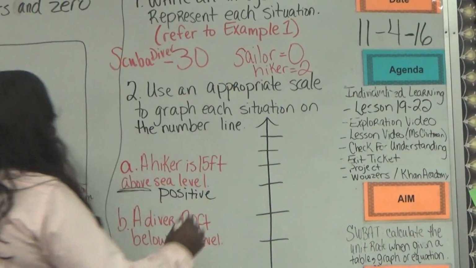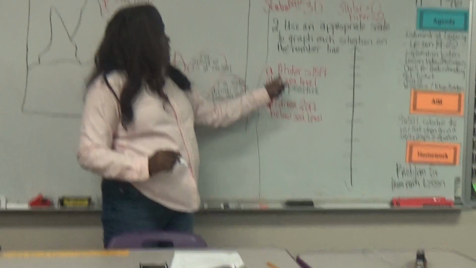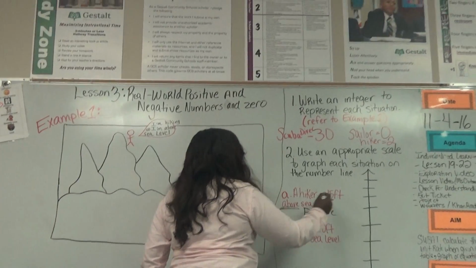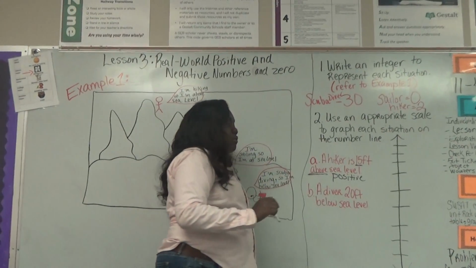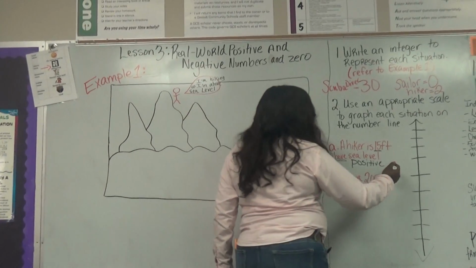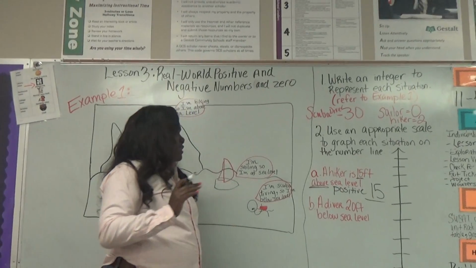And what number goes with that positive? 15, because it says a hiker is 15 feet above sea level. So what number am I going to write, negative 15 or positive 15? Positive 15. Just 15 by itself, which means positive 15.